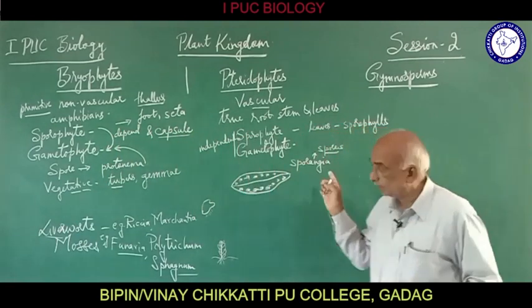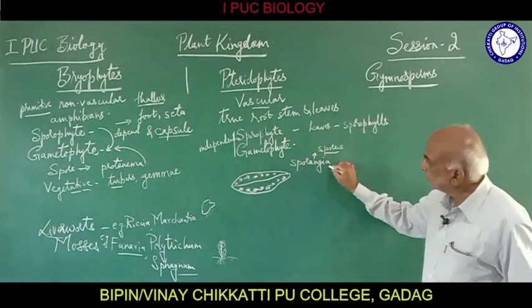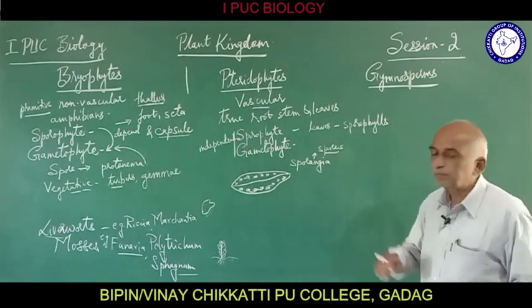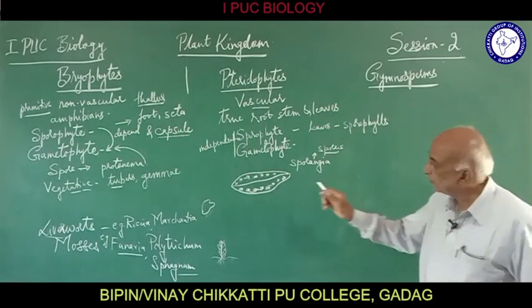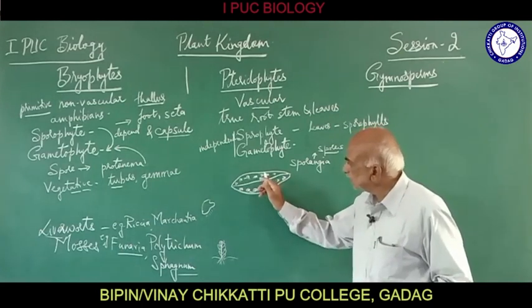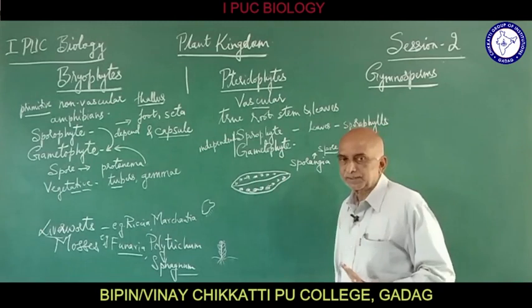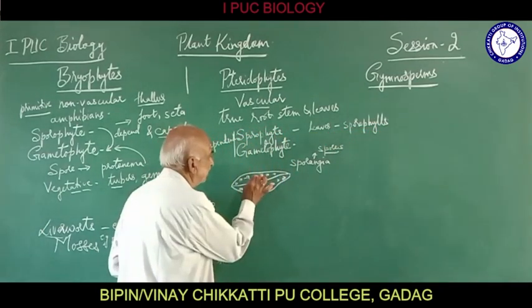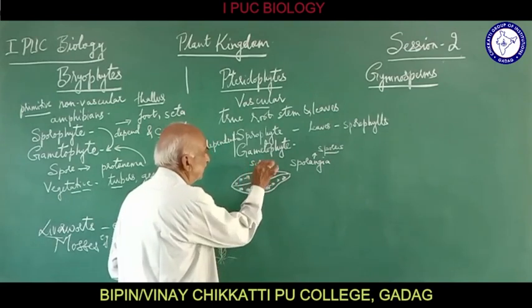These spores are released from the leaves. So we can see these sporangia as small spots, and these spots are actually called sori.